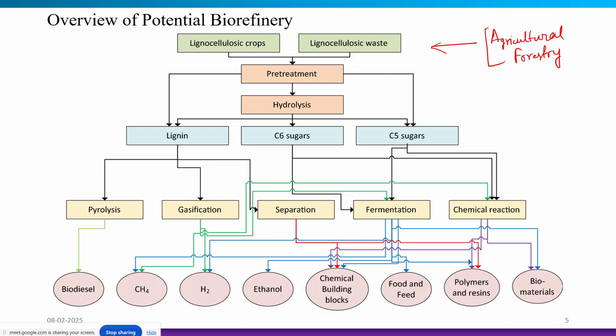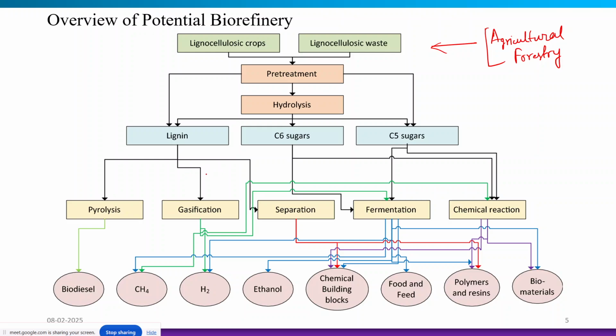Also, from the pre-treatment, the lignin part is separated out because it should be taken care of separately, and other C5 sugars. So these are some chemical platforms: C6 sugar, C5 sugars.